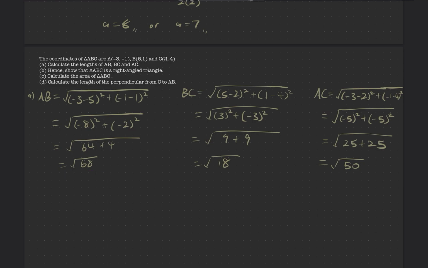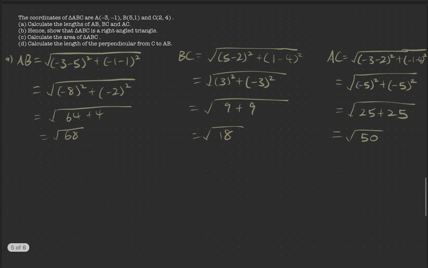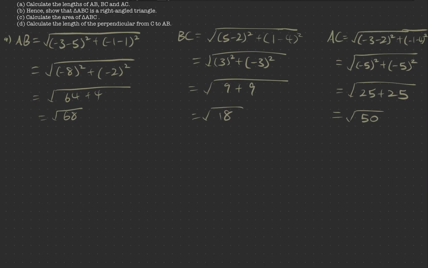We cannot make assumptions yet, so we just gotta work things out. By using the Pythagoras Theorem, we can prove that it's a right angle triangle. So I'm just going to do that right now. BC squared plus AC squared is equal to square root of 18 squared plus square root of 50 squared, which will just give me 68.